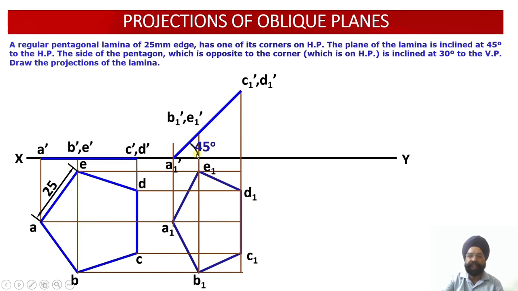There is one special characteristic about this apparent shape: the edges A1 E1, E1 D1, A1 B1 and B1 C1 are reduced. Why? Because this lamina is inclined to HP. But in this apparent shape we still have one edge, which is C1 D1, and since this edge is parallel to the horizontal plane, its projection on the horizontal plane, you can see, was the true shape.